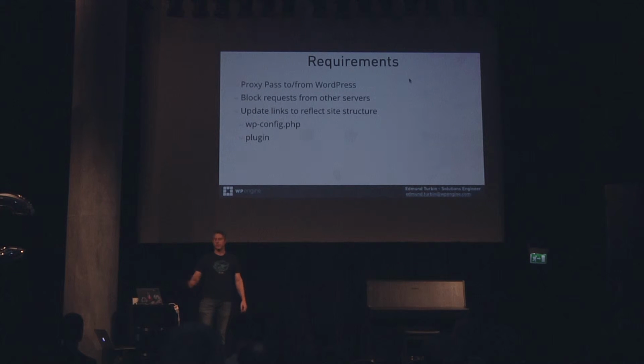It only comes through the reverse proxy. And then on the WordPress install, you'll need to update your link so it appears that WordPress is in the proper directory. So let's say it's in a subdirectory. We want WordPress to think it's in /subdirectory. You can do that in the WP config or potentially write a plugin for that if you wanted to use it on multiple sites.